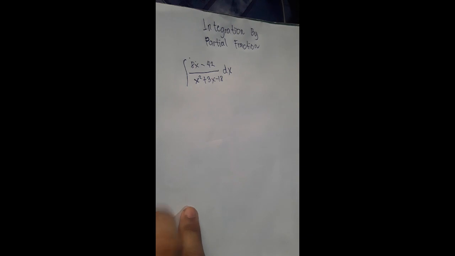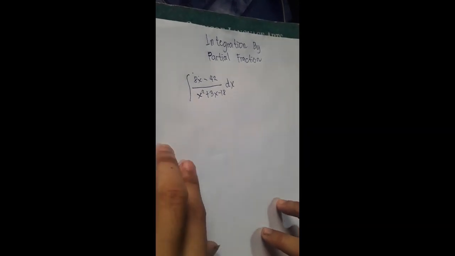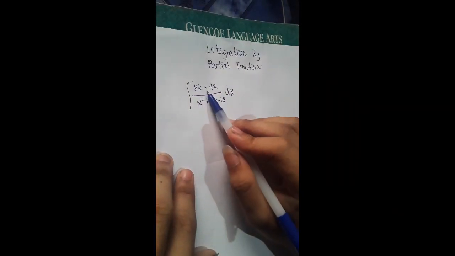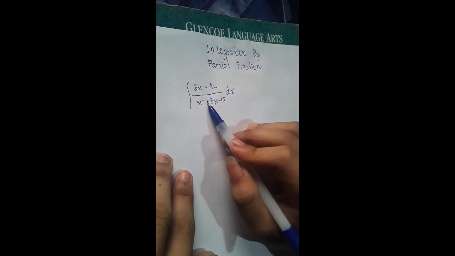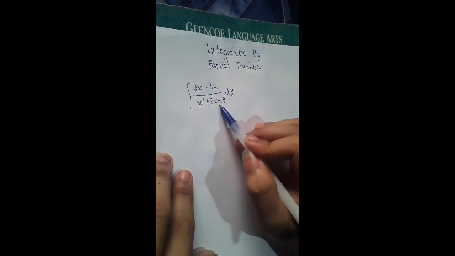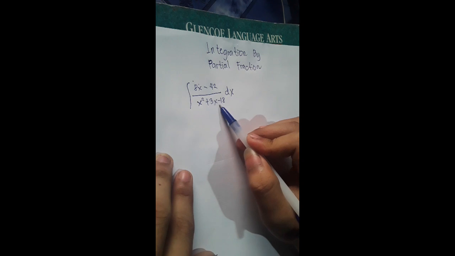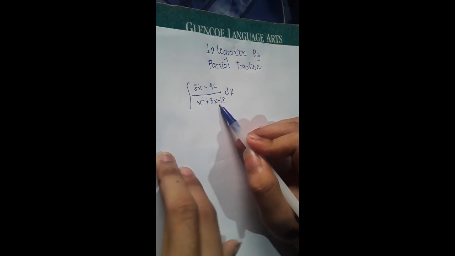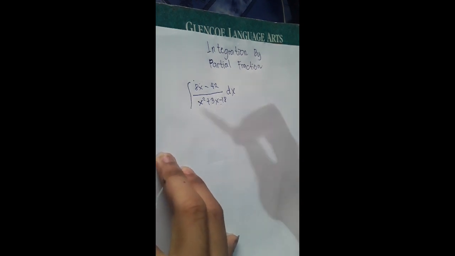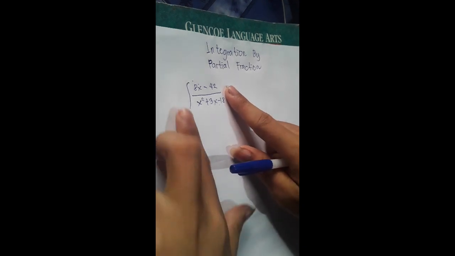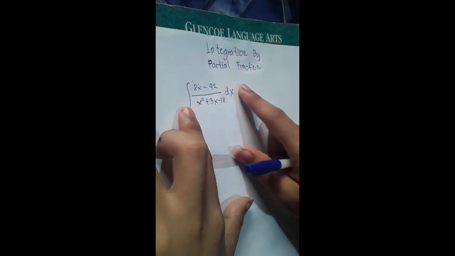So let's move to the problem: the integral of 8x minus 42 over x squared plus 3x minus 18. The first thing to do is not to focus on the integral sign.